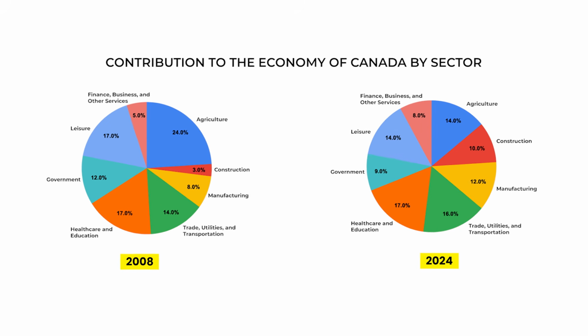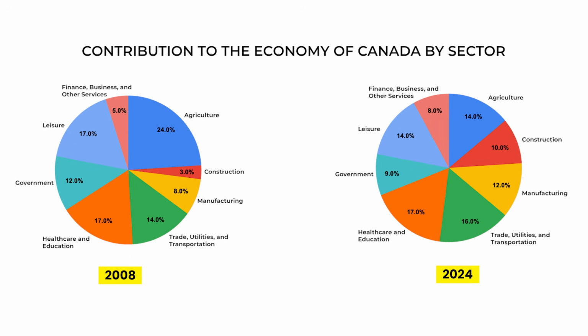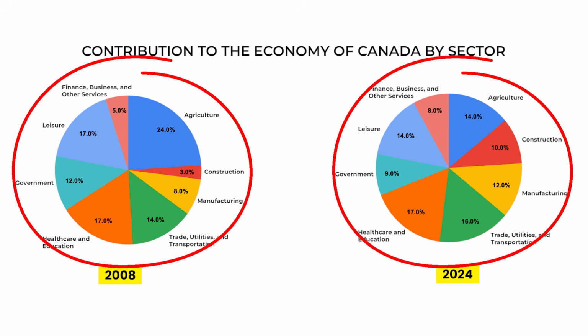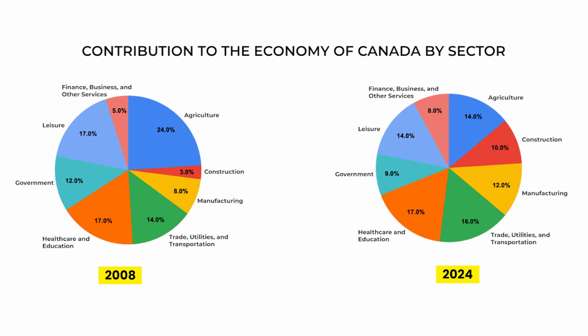Next, let's take a closer look at the pie charts themselves. Pie charts are circular graphs divided into slices that represent the proportion of different categories. In this case, the economic sectors contributing to Canada's economy.